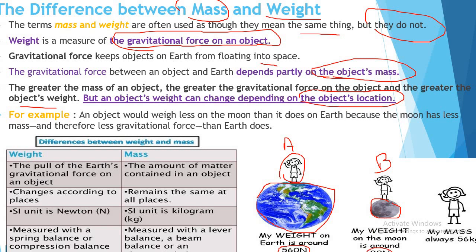Why does this girl weigh less on the moon? Earth has a greater mass than the moon, so the moon has less mass.